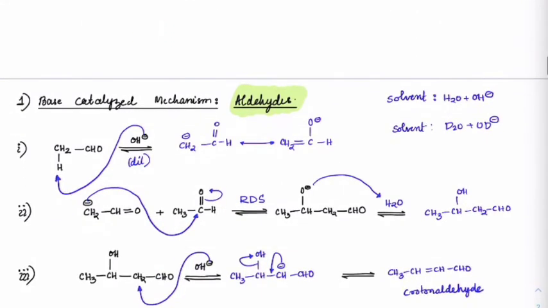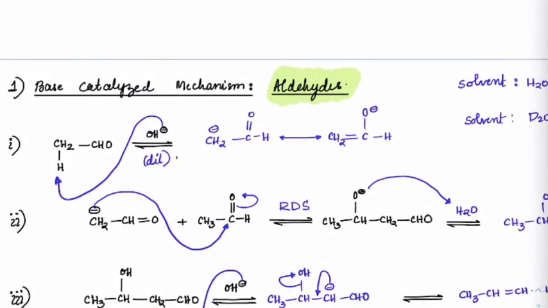If I call the backward rate K inverse and the forward rate K forward, this K forward is much faster as compared to K backward. Because of this, the enolate ion is not going back, rather it is going in the forward direction to form this aldol.